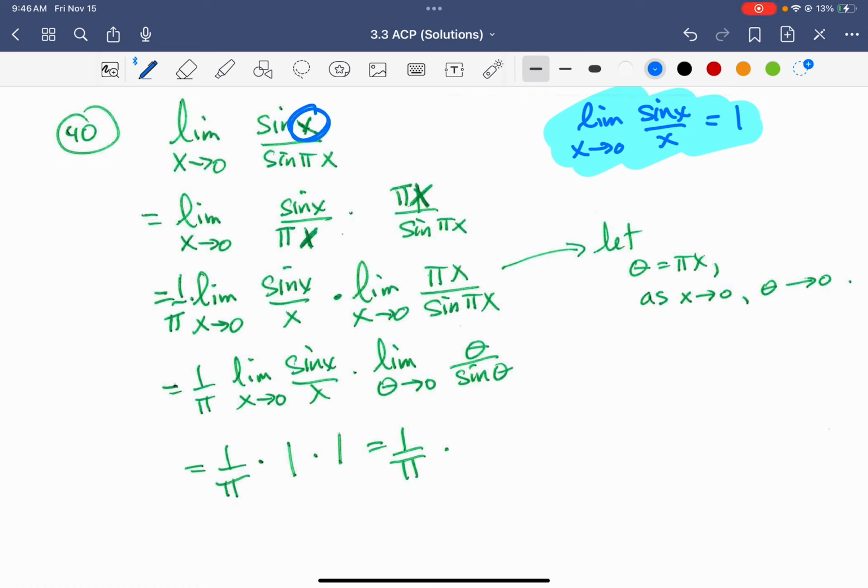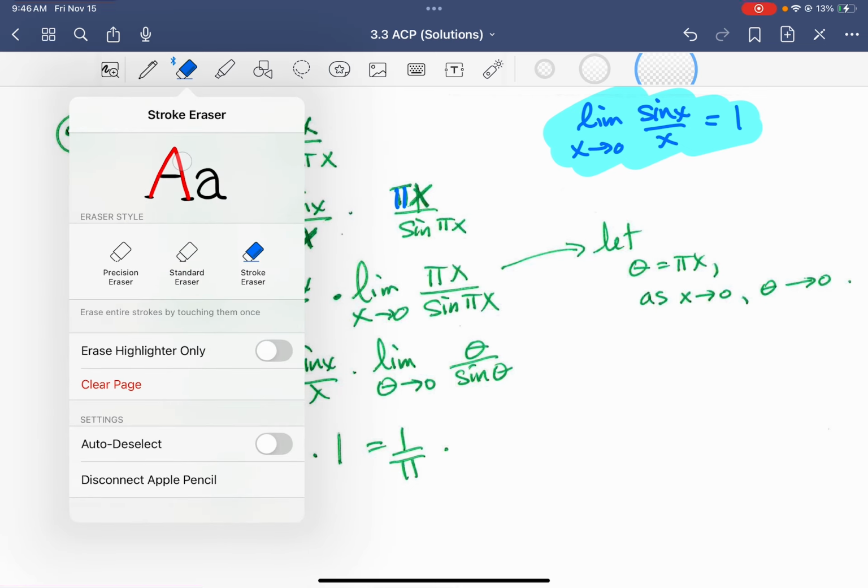So I wish this had a pi in it. To do that, I have to multiply it by a well-chosen 1.